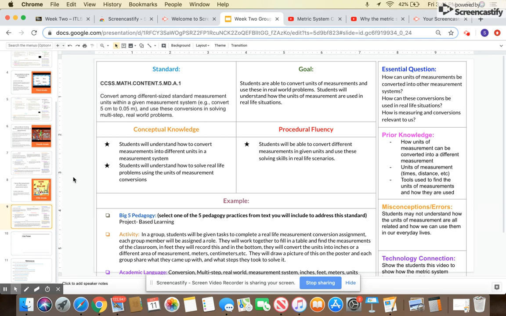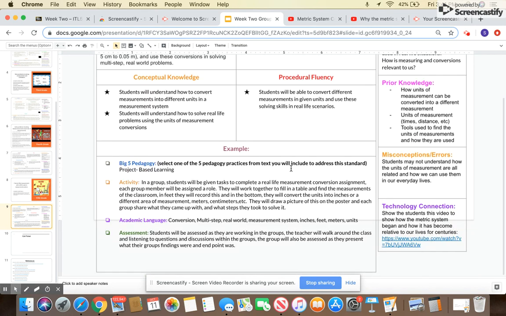So they already know how they're kind of related to one another. They already know the different tools used to measure, like how to find the time, the distance, etc. They should be able to convert them by using different skills to solve the conversions of it.